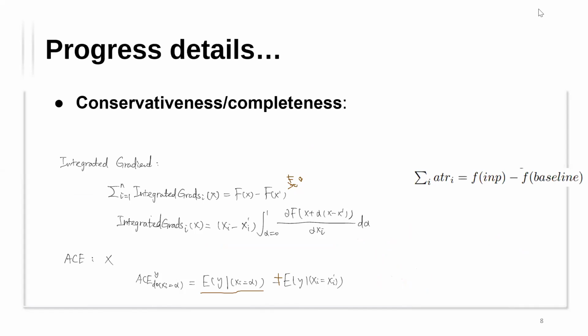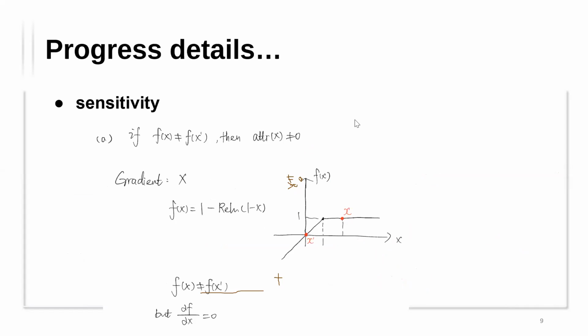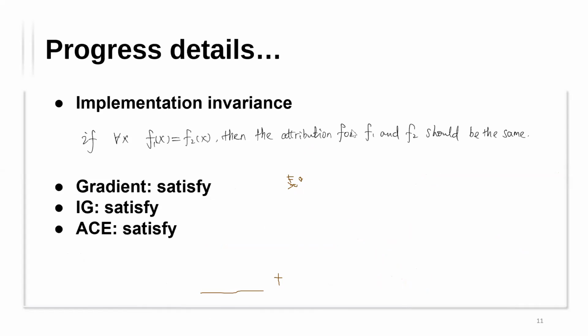Maybe how about I give you another 15 minutes to finalize your presentation. Yeah. So the third property is called implementation invariance. That means if we have two functions f1 and f2, and for any x, f1 x equals f2 x, we say these two networks are the same in terms of functionality.